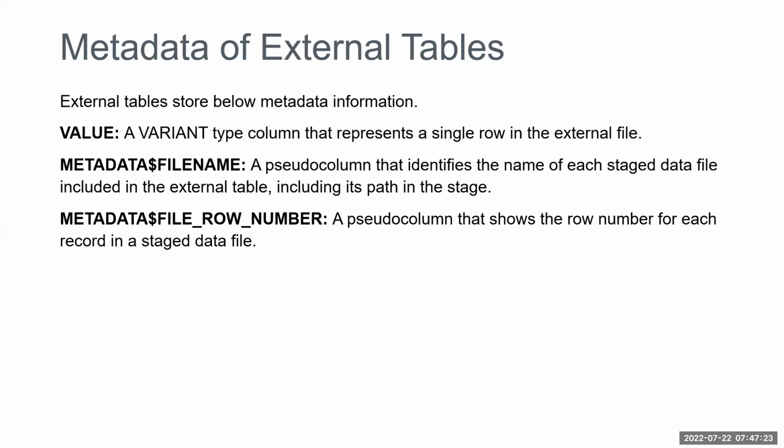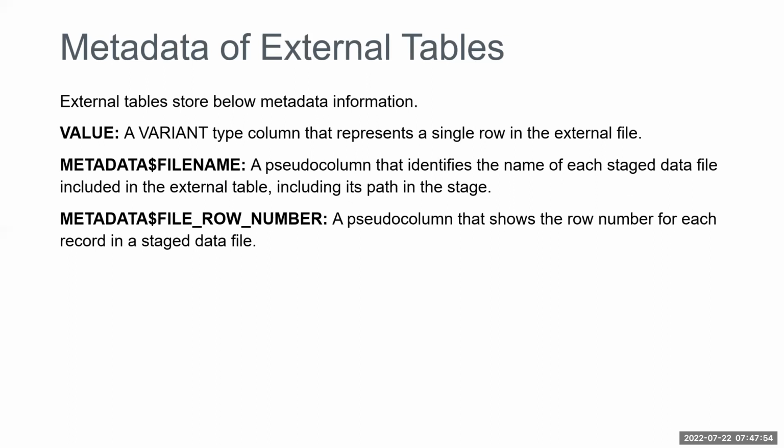I want to know from which file exactly I'm bringing that record. So we can use this field, metadata file name. Whenever we fetch this along with the actual fields, it will display from which file it is extracting that record. This metadata field will store the actual file name, that means the file name in external storage providers like S3, Azure Blob Storage or GCP.